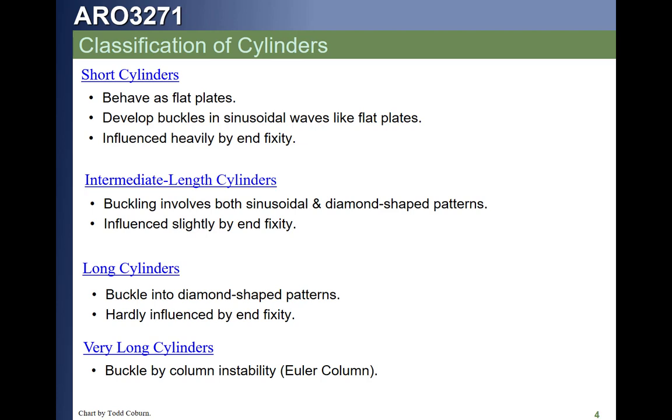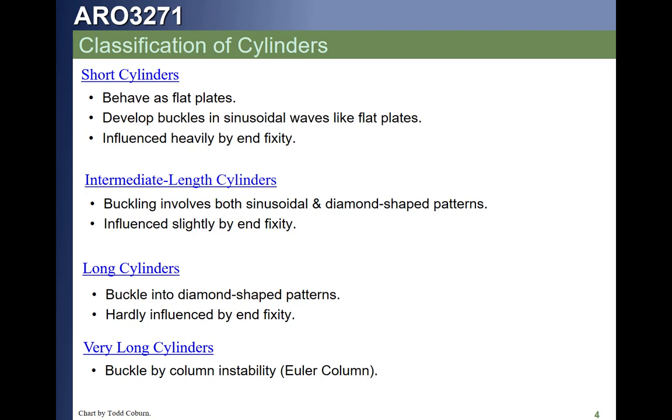Intermediate length will start to see a combination of response that is similar to long cylinders in some cases and similar to short cylinders in some cases. And if our cylinder is long enough, then the critical failure mode will be Euler column kind of buckling.